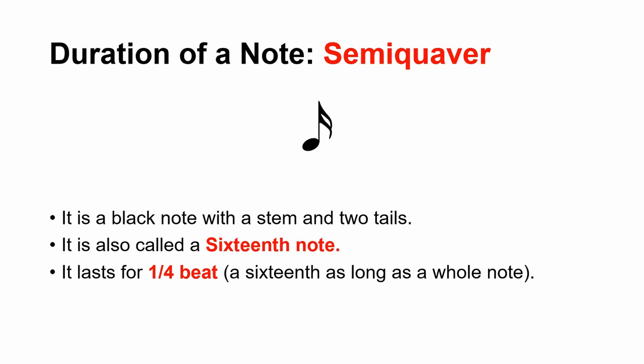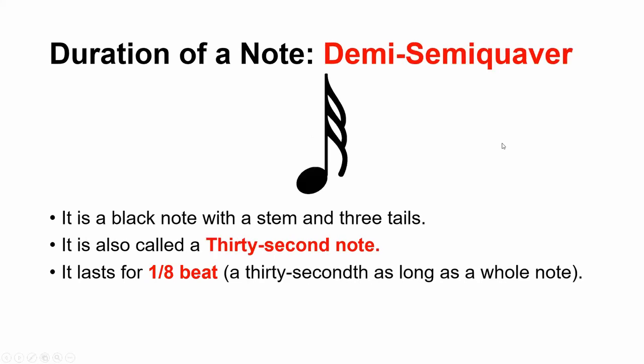Okay, then finally, second to last, the demi-semi-quaver. The demi-semi-quaver is a black note with a stem and 3 flags or 3 tails. It is also called a 32nd note.